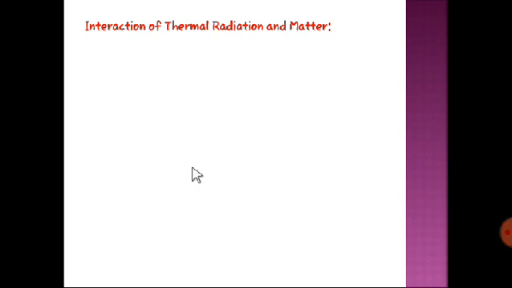Now we are going to see the interaction of thermal radiation and matter. As I told you in the last slides, we are going to see about radiation. Before going towards this, when some amount of it falls on any object, does it completely absorb, or completely reflect, or completely transmit?